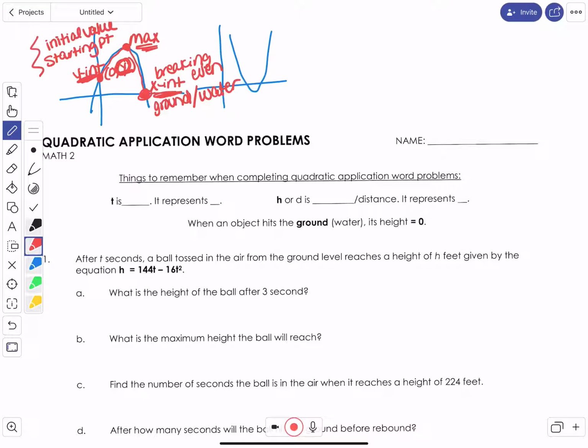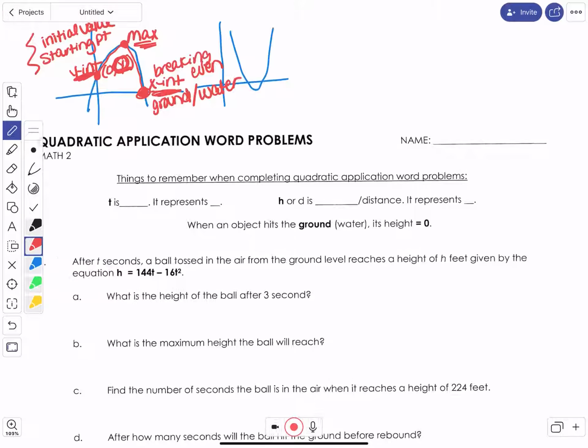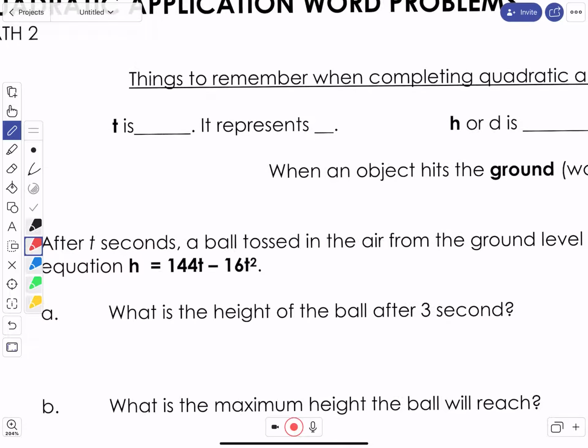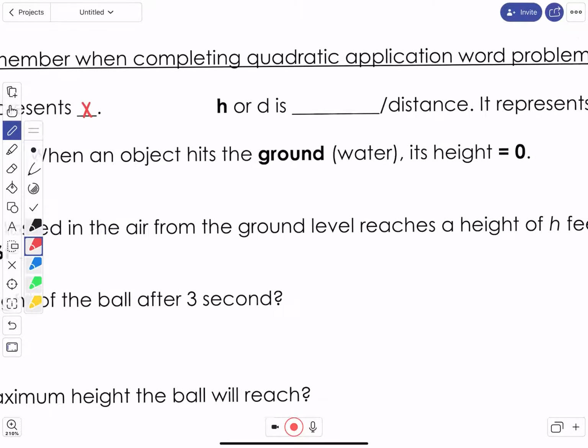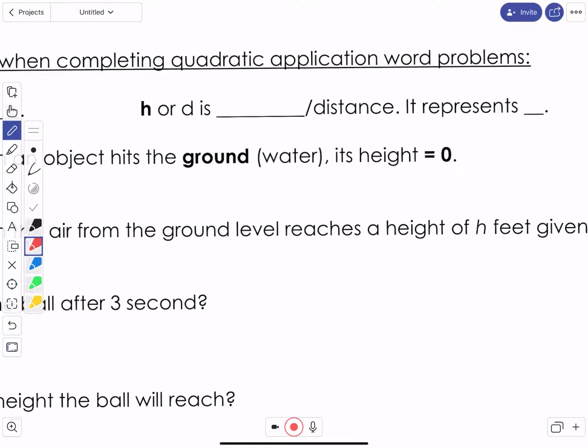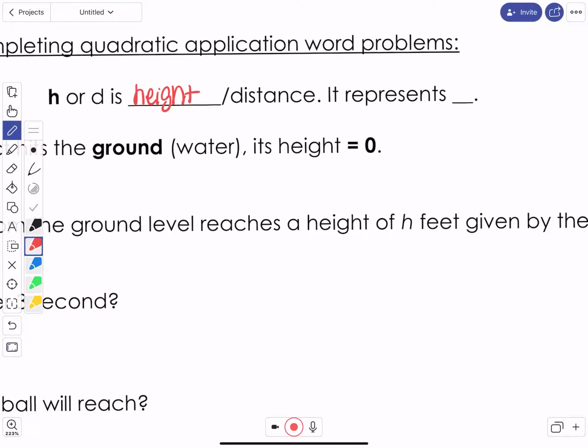All right, now they're also going to change the variables in these. So remember, t always represents time, and it represents x. Okay, so t is the same thing as x. H or D can be height or distance, and it's going to represent your y-axis.